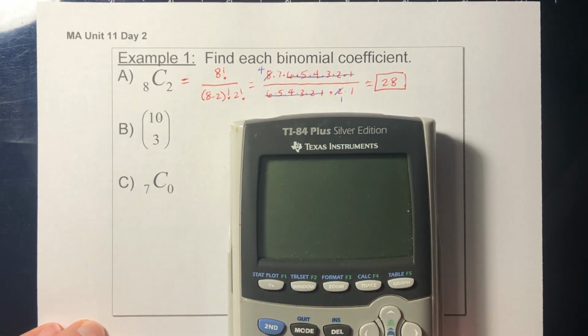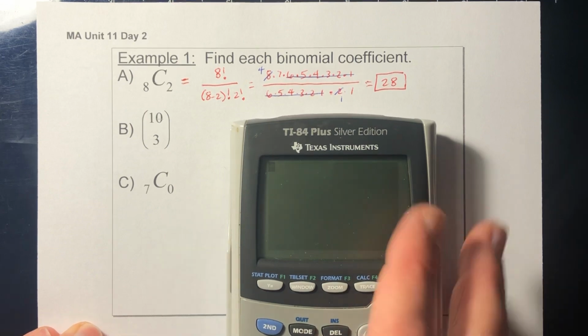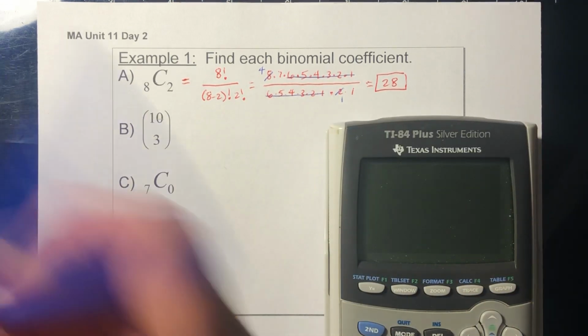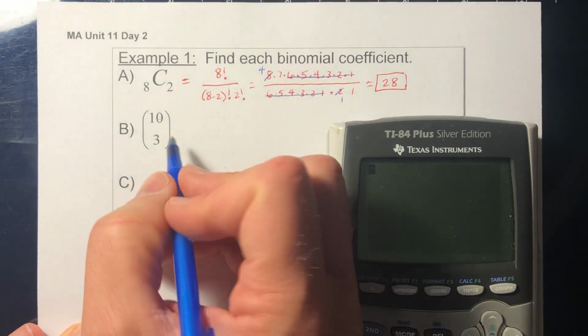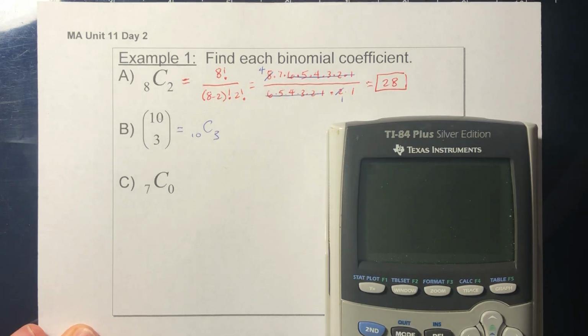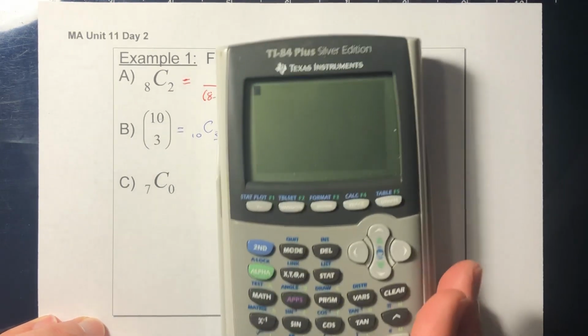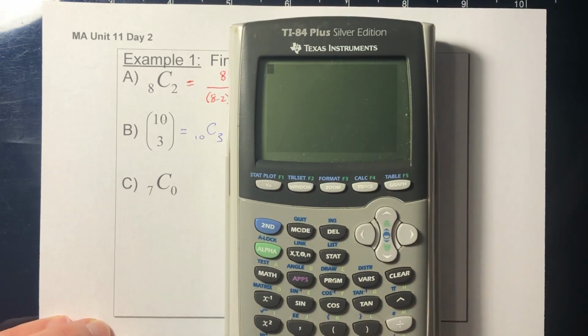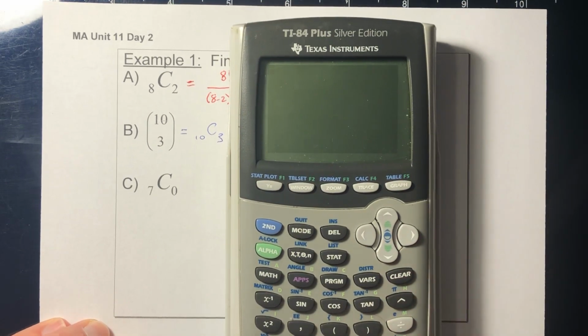See if we can get this in here. So with our friend Ralph here, we got our calculator. So first of all, the 10 and the 3, this really means 10C3. So your n is 10, your r is 3. Now on the calculator, I need to put the 10 first.